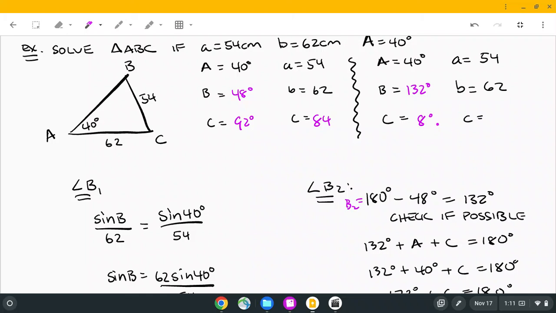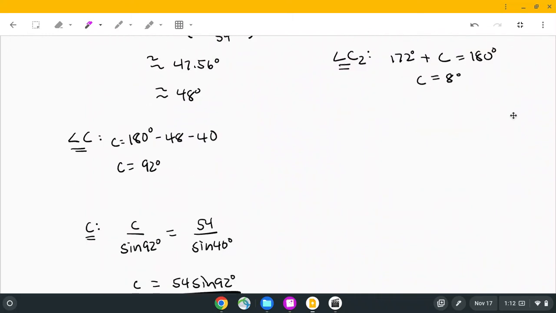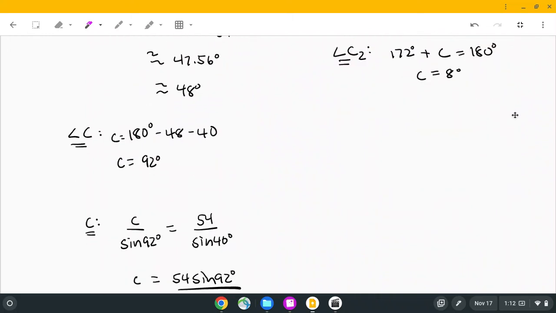Okay, and let's do the same thing with this one. We'll set up our law of sines, sine of 8 degrees, and then sine of 40 degrees, 54. Okay, so little c over sine of 8 degrees equals 54 over sine 40.